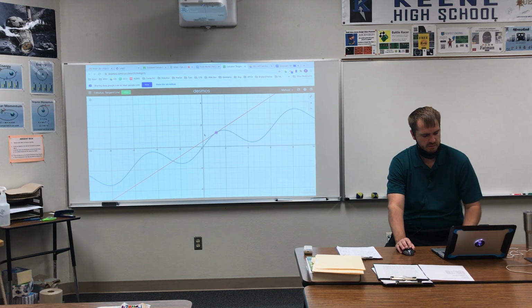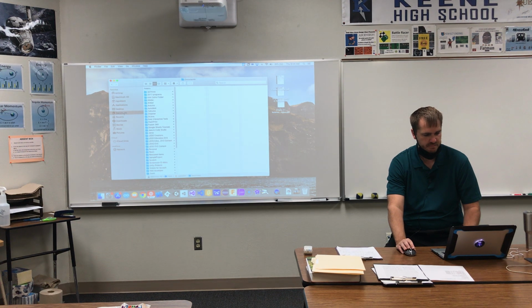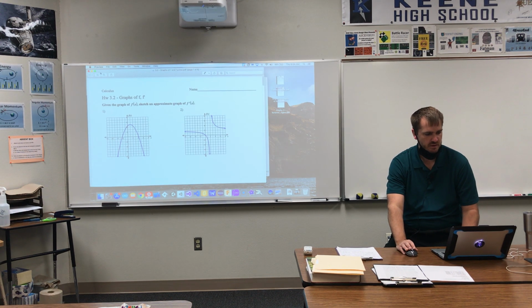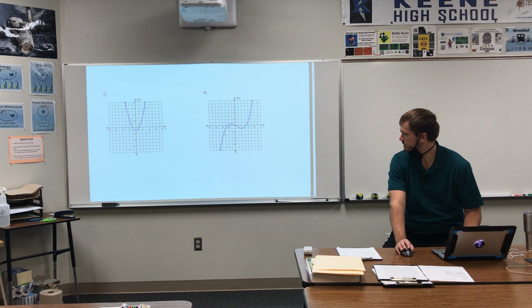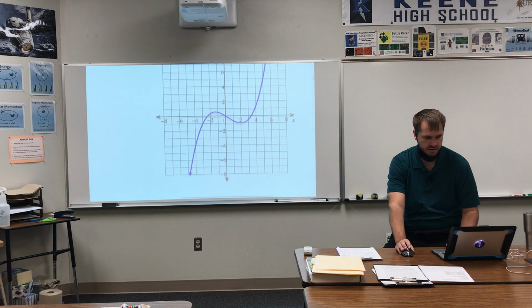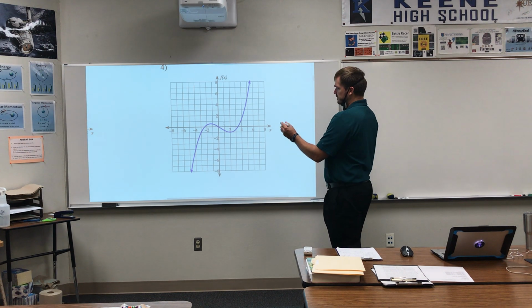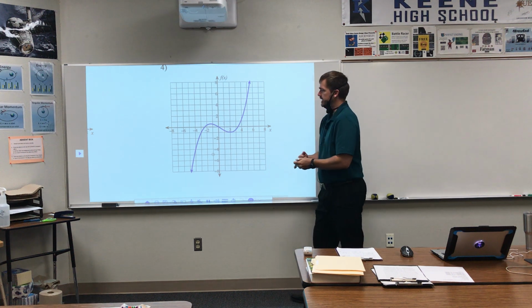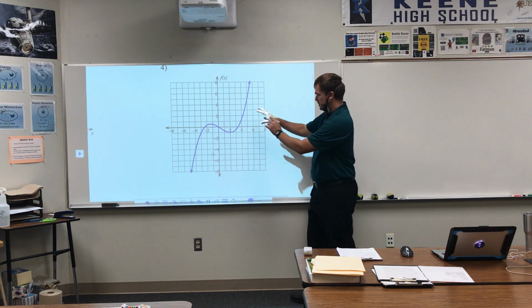All right, and what we were working on yesterday was we were looking at some graphs, and we were sort of zooming in on those and drawing little straight lines that would represent the tangent line in a really, really zoomed in location.